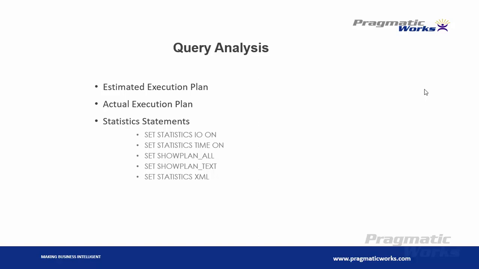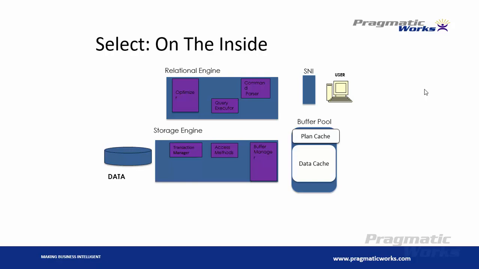Also, we can look at statistics IO for input, output, reads and writes, and statistics time for compilation time and execution time. We can look at the statistics in an XML version and at the plan in a text version. All of that is stuff we can use to investigate queries.